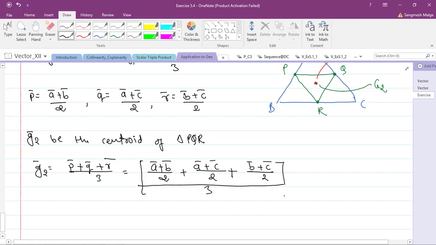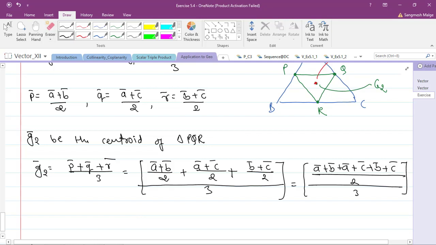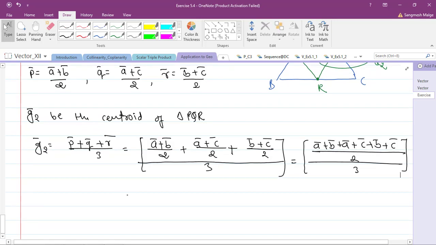We have 2 in the denominator, so we can add the numerators simply: A bar plus B bar plus A bar plus C bar plus B bar plus C bar, whole divided by 2, divided by 3. Now take the denominator of the denominator.